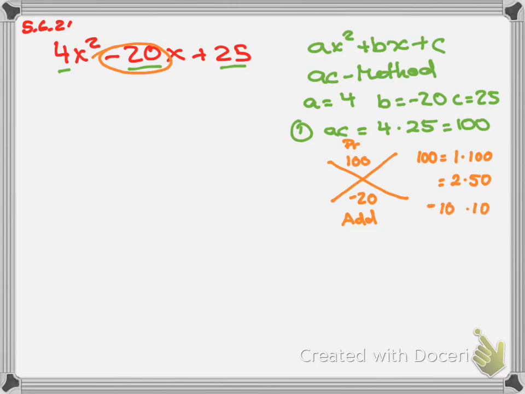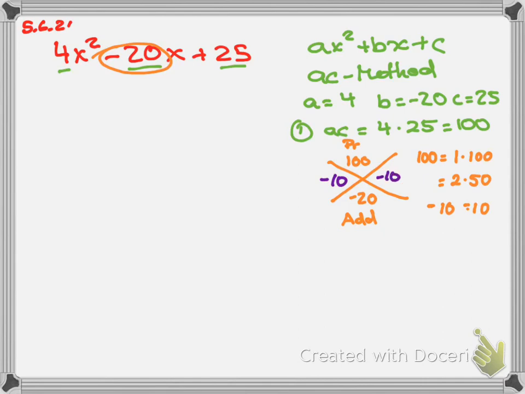Now make both of them negative. Negative 10 times negative 10 is a positive 100, and negative 10 plus negative 10 is negative 20. So my combination of numbers here is negative 10, negative 10.